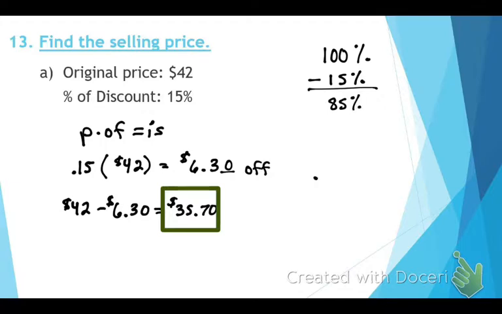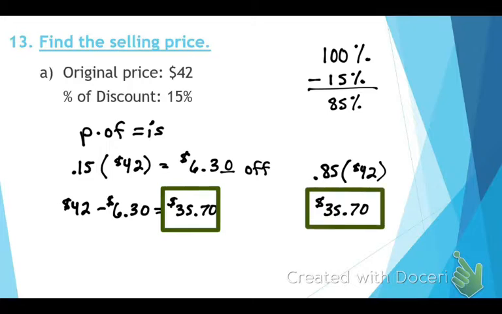Change that to a decimal and you get 0.85 times the original amount, $42. In one easy step, what's 0.85 times $42? $35.70, okay? On your quiz or test, I do not care which way you do, but please be careful. Do not try to tell me that the answer is $6.30, okay? It asks us to find the selling price. The selling price is $35.70.